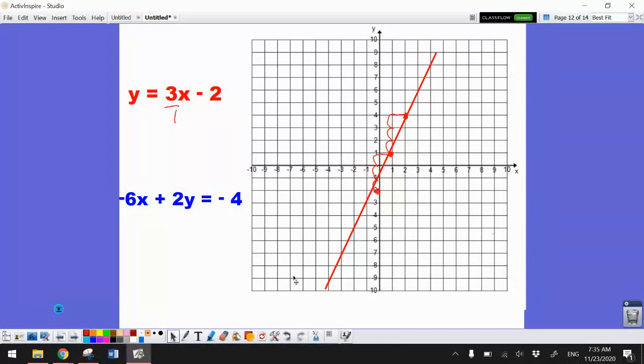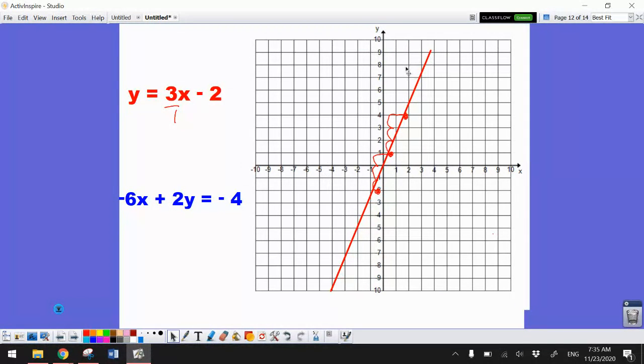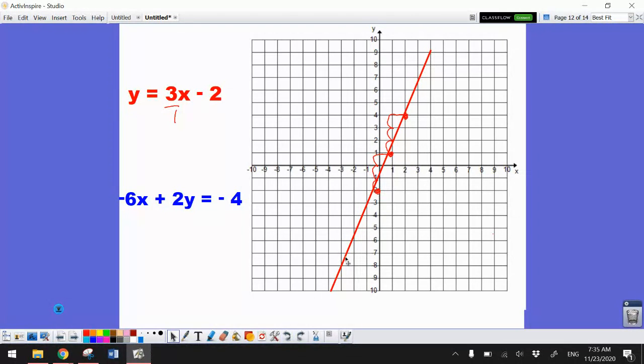Going to have to twist that one a little bit. You can see how sometimes it's challenging for me to line up the lines here. Okay, that looks pretty good.